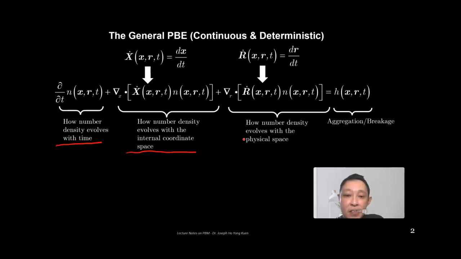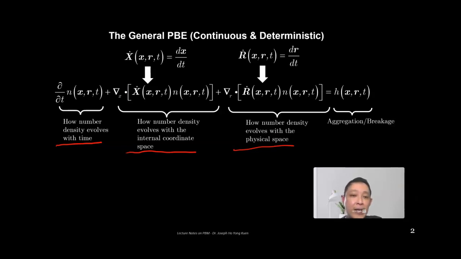And then this third term here tells us how the number density evolves with the physical space. So if the number density is actually varying with the physical space, then you would have this term in your population balance equation.